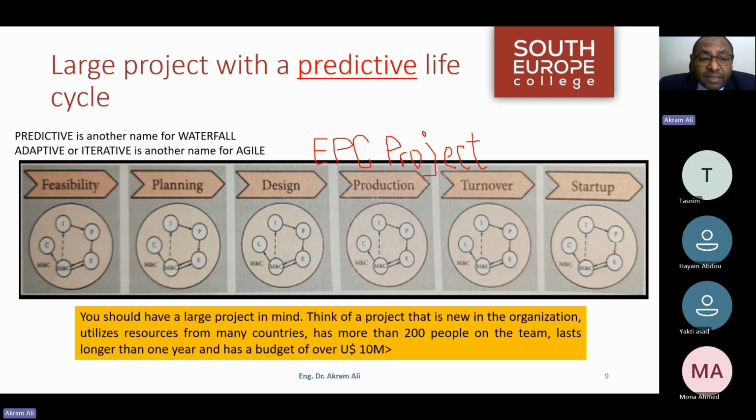The planning phase is given to a project planner or specialist in project planning, or I can assign a project manager and support him with a project planning consultant, for example. And the design, I can select and nominate a project manager for the design phase who is very well experienced in design of similar projects, and so forth.